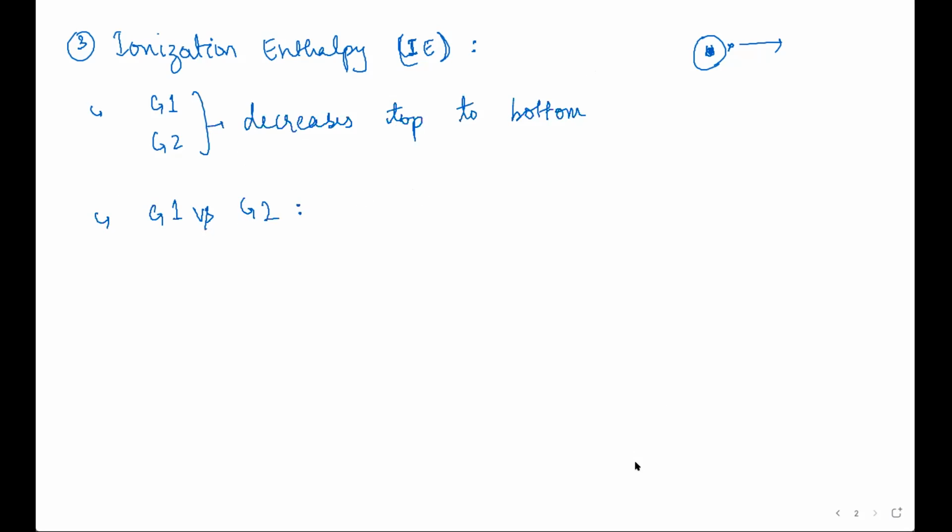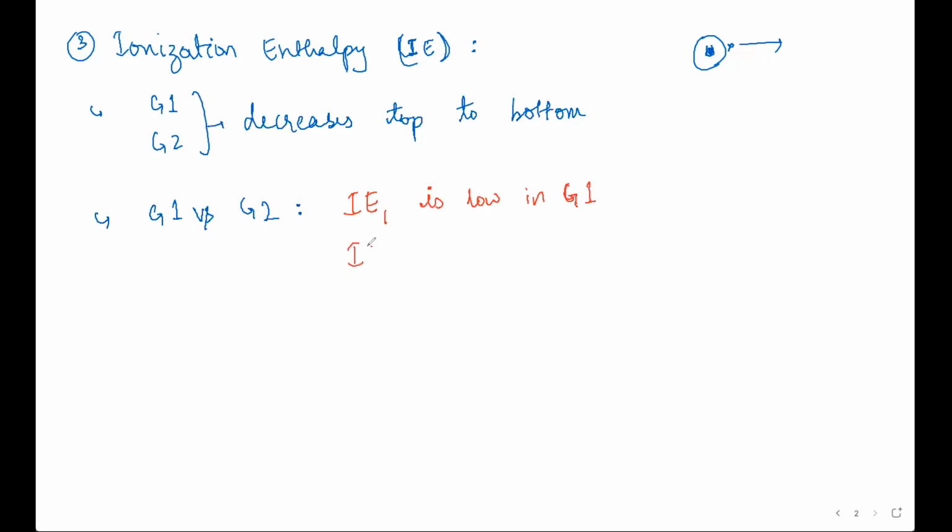So for group 1, the first ionization enthalpy will be very low. Yes. Whereas for group 2, the first ionization enthalpy will be higher than group 1 first ionization enthalpy.